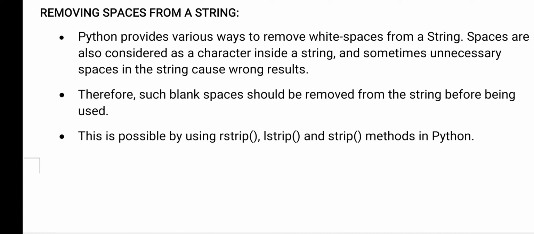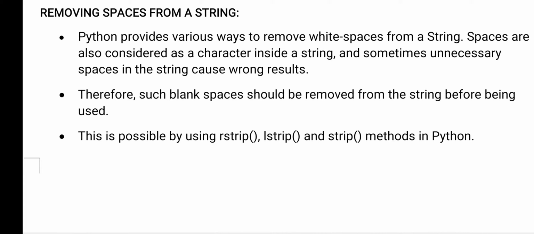So here you see the definition. Python provides various ways to remove white spaces from a string, and spaces are also considered as a character in a string, as already explained. Sometimes unnecessary spaces in the string cause a wrong result, so such blank spaces should be removed from a string before it is used.